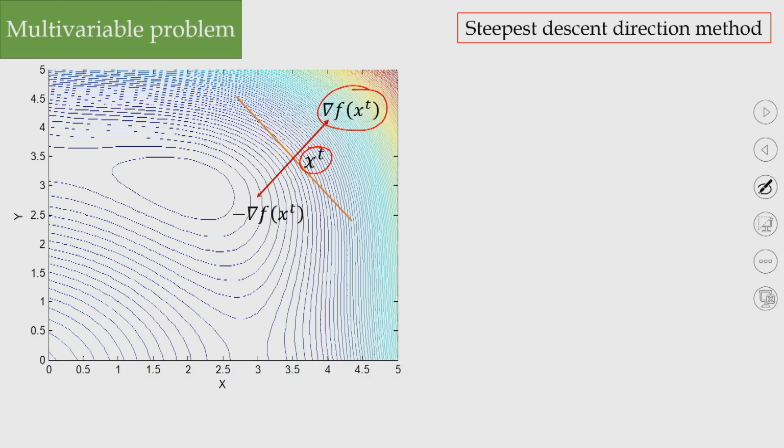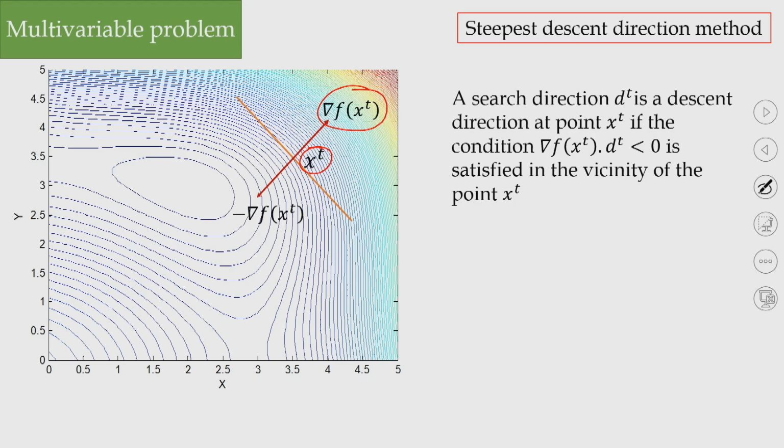Let me explain. A search direction dt is a descent direction at a point x t if the condition del f at x t dot dt is less than 0 is satisfied in the vicinity of the point. So, if I go along these directions, my function value will reduce.